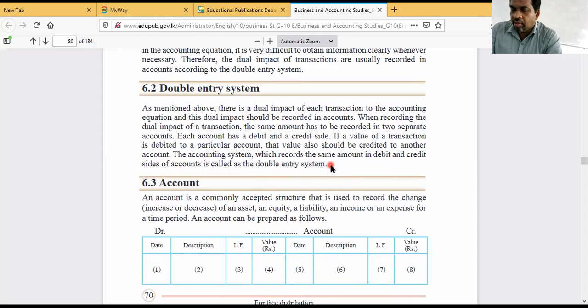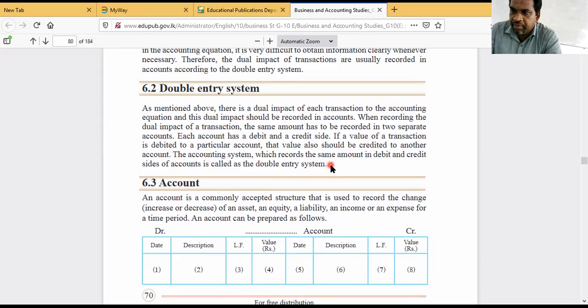It says that any business transaction has two bits called debit and credit. Therefore, at the same time, you have to debit to one place or one account, and you have to credit to another account the same amount. That is what the double entry principle says.